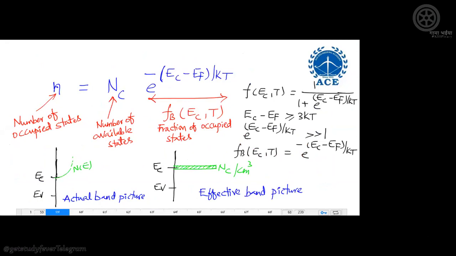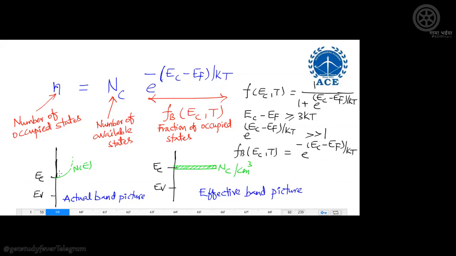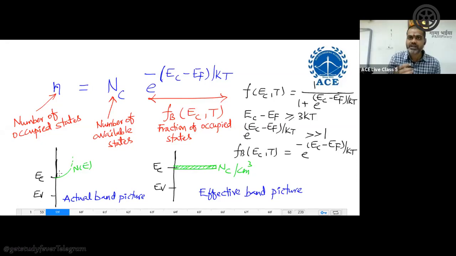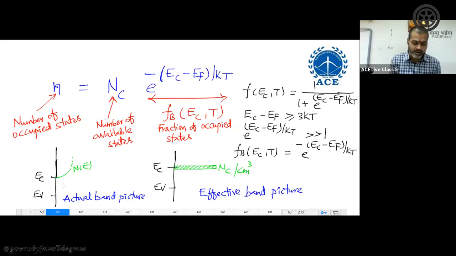What is the lowest possible energy in the conduction band? EC. So whatever energy levels you consider, definitely they will be above EC. And EF is going to be at the middle.